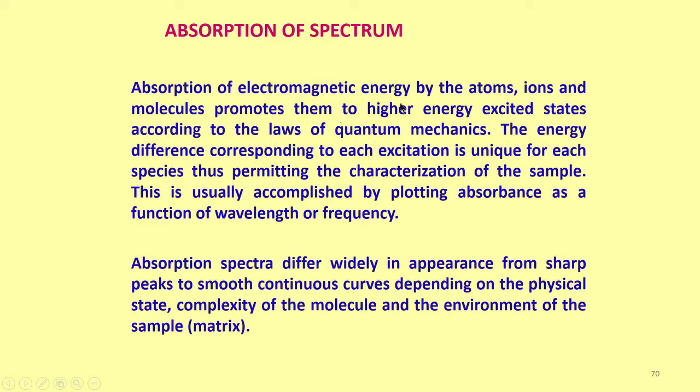Absorption of electromagnetic energy by atoms, ions and molecules promotes them to higher energy. This we have already seen, and we have also already seen how the spectrum generates. But absorption spectra differ widely in appearance, from sharp peaks to smooth continuous curves. This also we have covered already.